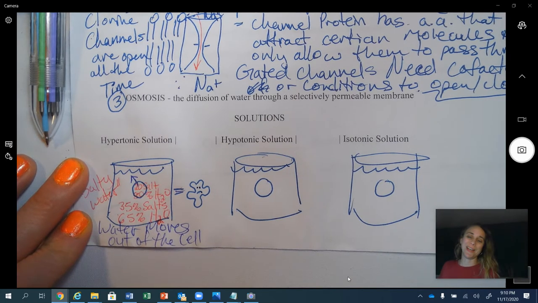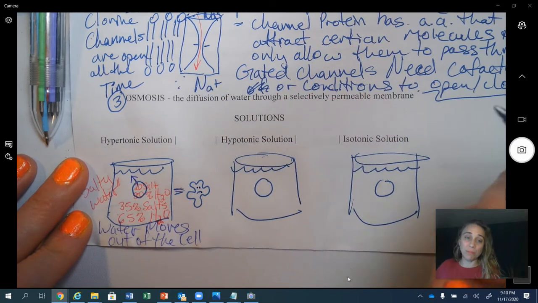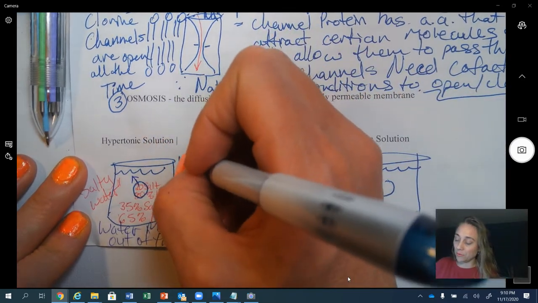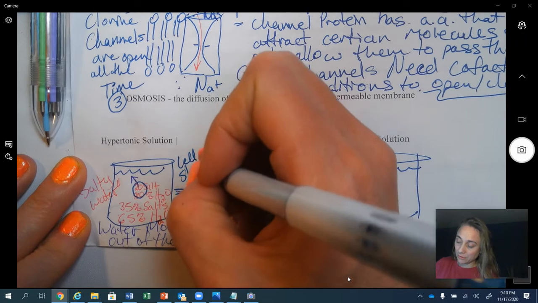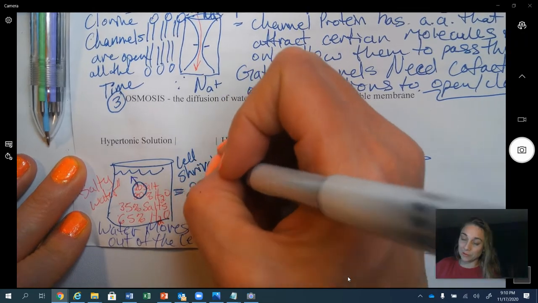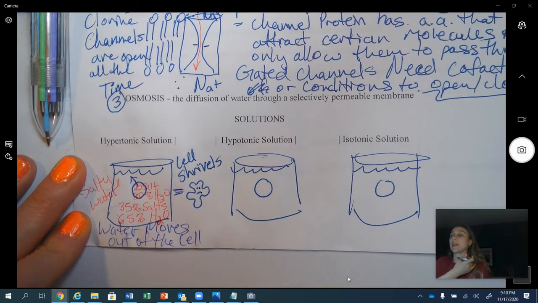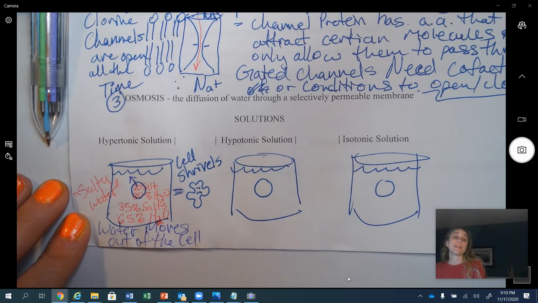That's kind of an exaggeration, but even though the cell might survive, especially if eventually it gets back into some less hypertonic solution, if you drink salt water, it's going to dehydrate your cells. That's why you can't drink salt water in the ocean. You need fresher water. You're already eating salts and other dissolved particles in your food. You don't need too much more.